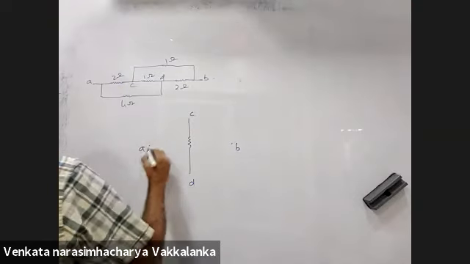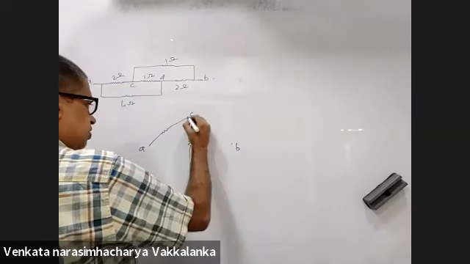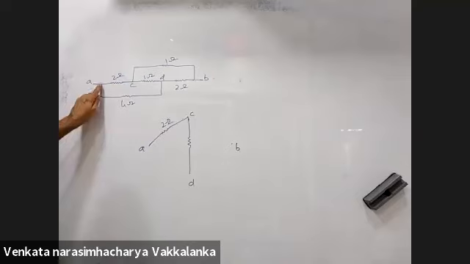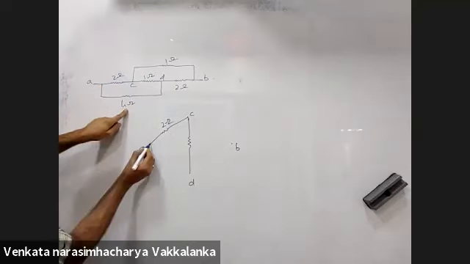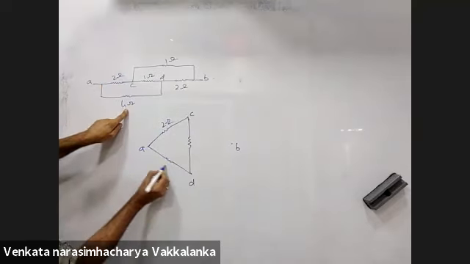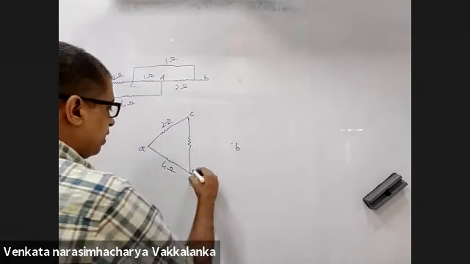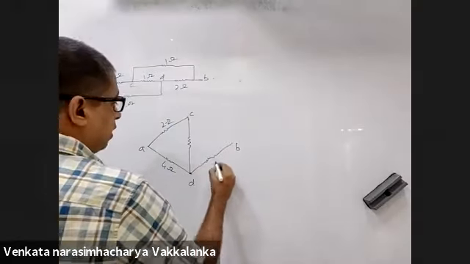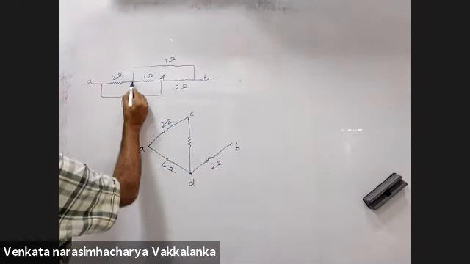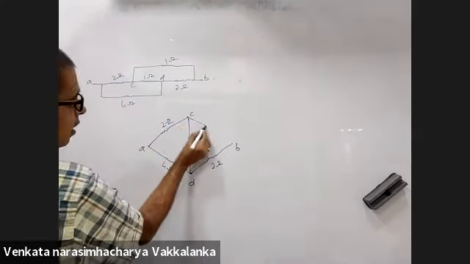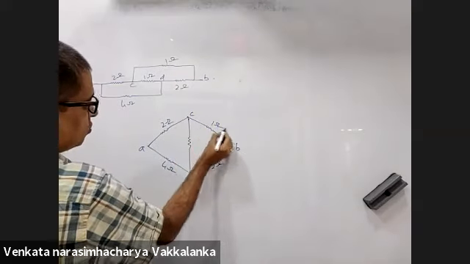A and C has a 2 ohm resistance. A and D has a 4 ohm resistance. D and B has a 2 ohm resistance. C and B has a 1 ohm resistance.